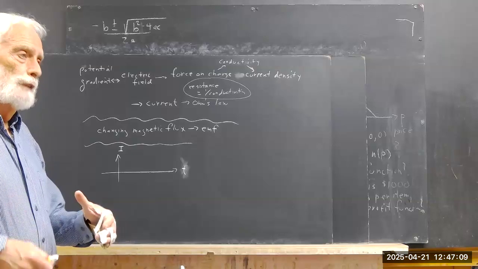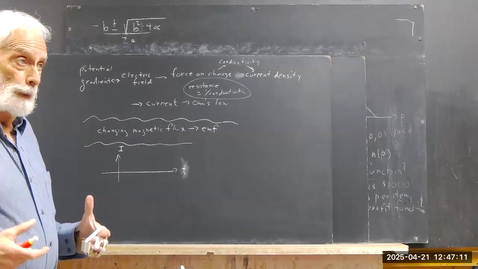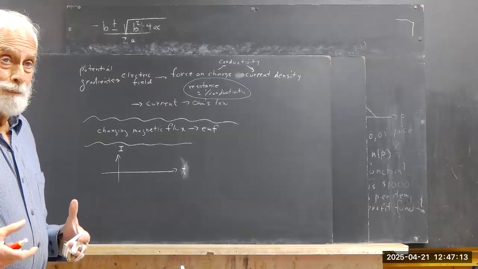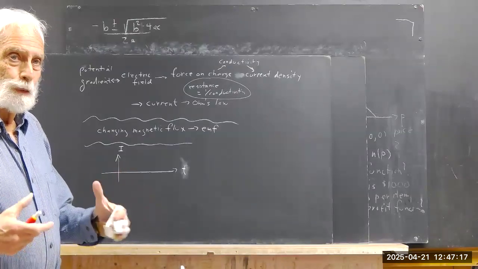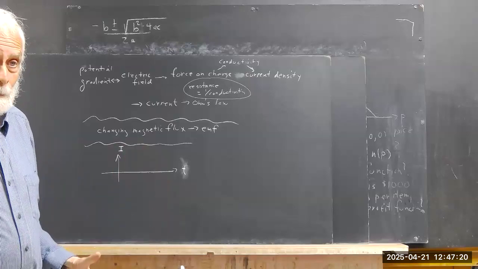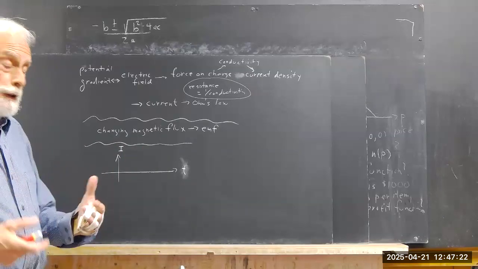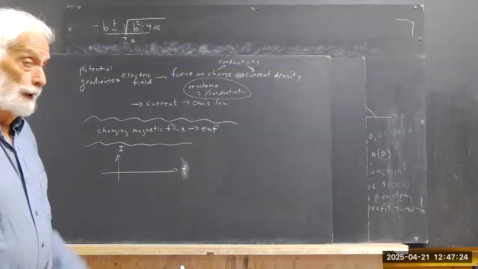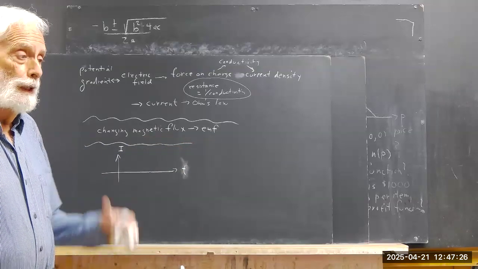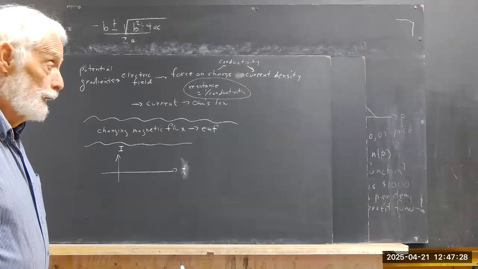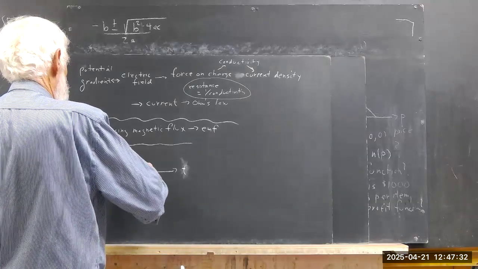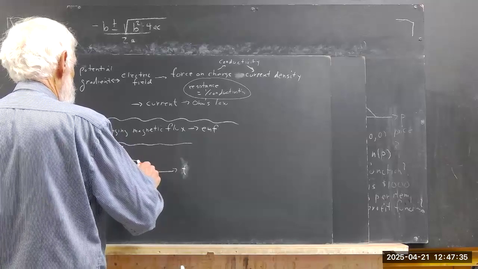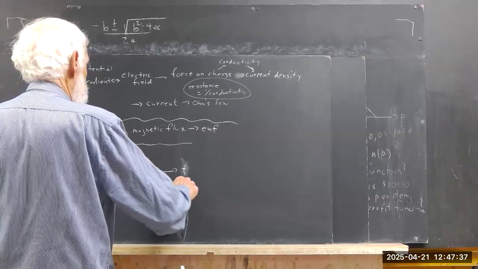You're rotating a coil of wire between the poles of a magnet. Or if you want to make it harder on yourself, rotate the magnet within the coil of wire. Okay. Either way, you're going to get a changing magnetic flux and EMF. And that flux is going to change sinusoidally.